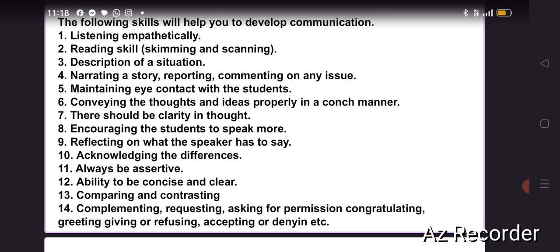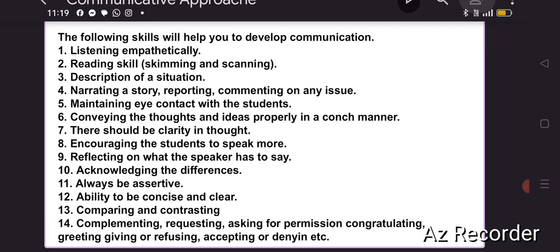Okay, but some students, they give the seminar, they present the ICT presentation, but they look here and there without looking in the eyes of the people.